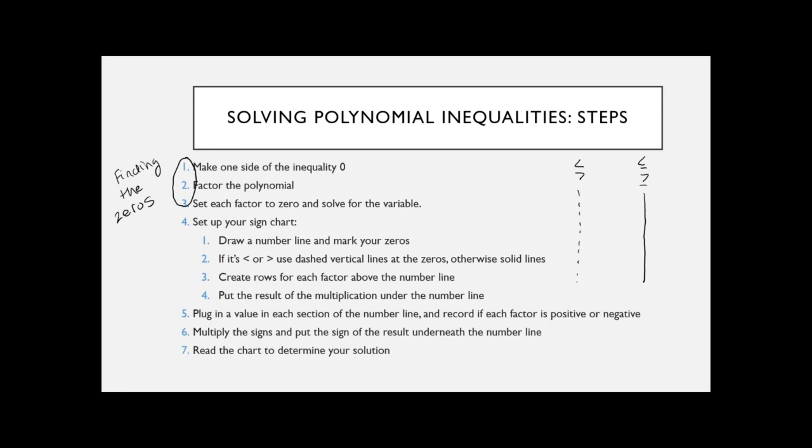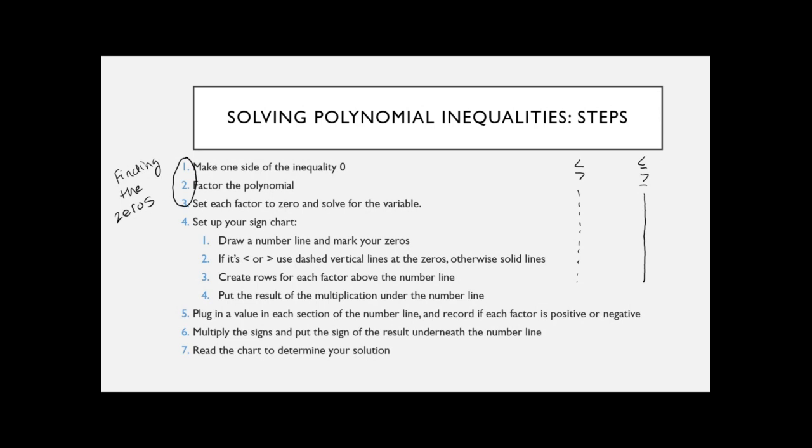And then underneath, when you fill out everything on the top, you multiply your signs together to fill in the bottom. Because when we factor something, we have things that are multiplied together. So we're going to be multiplying our signs. What you need to know is that if you have an even number of negative signs, you always get a positive result. And if you have an odd number of negative signs, you get a negative result.